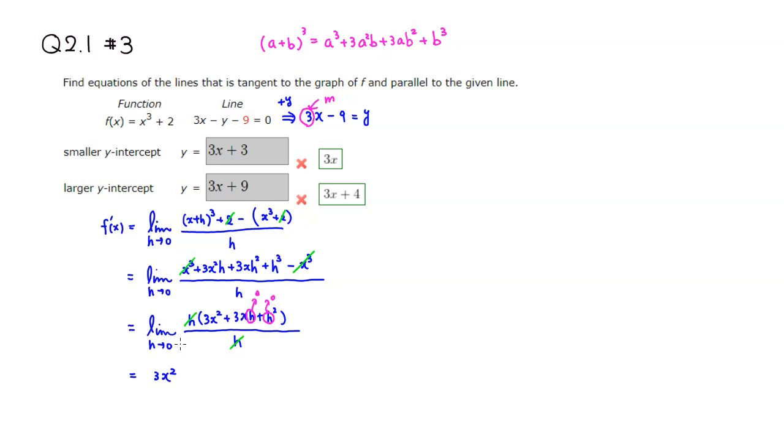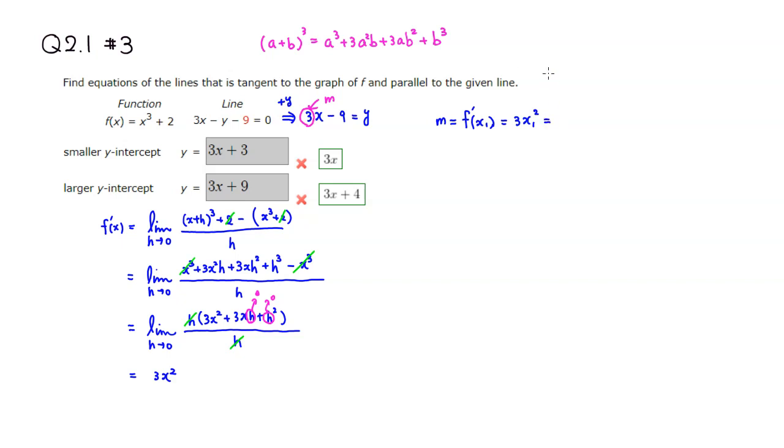So this is the derivative. Since m can be found by looking at the derivative and plugging in whatever the x1 value is, if you're plugging x1 there, you have 3x1 squared.